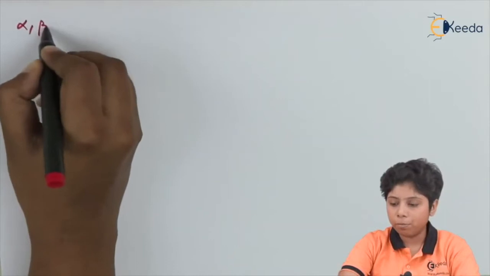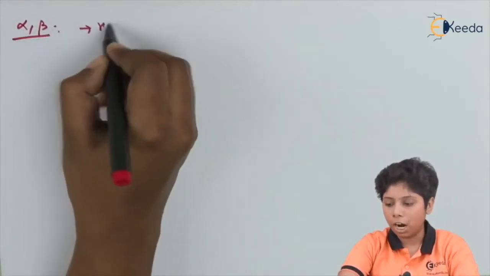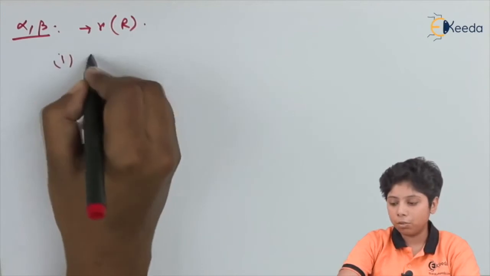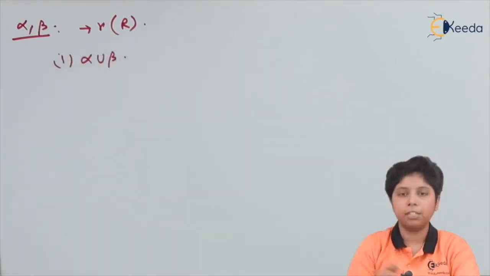Now, other than being in BCNF, we can also decompose using the functional dependencies, so we are not considering BCNF from here onwards. If alpha and beta are two attributes from a relation R, then we can decompose it in two ways. The first is the union of alpha and beta, that means all the values in alpha as well as in beta.